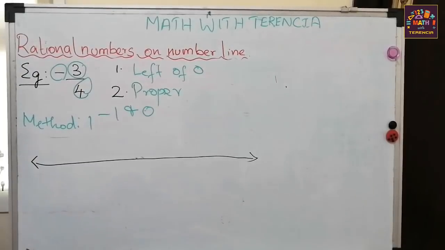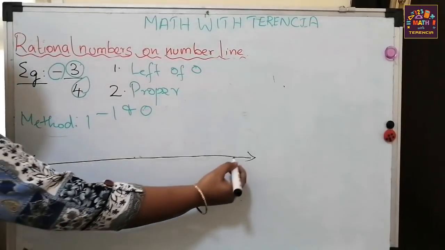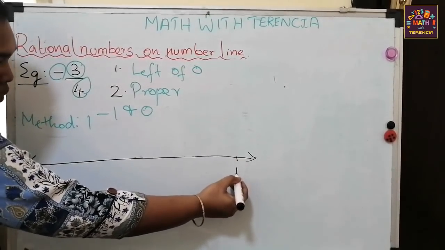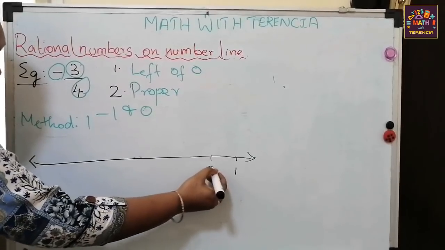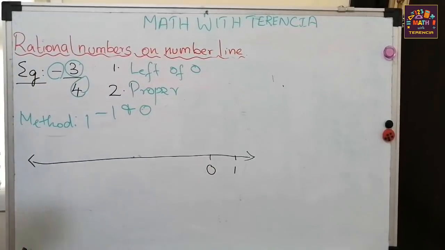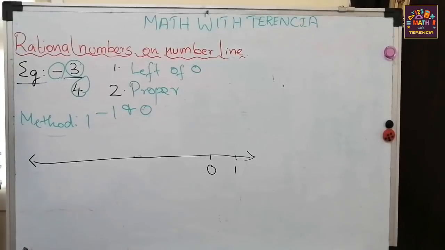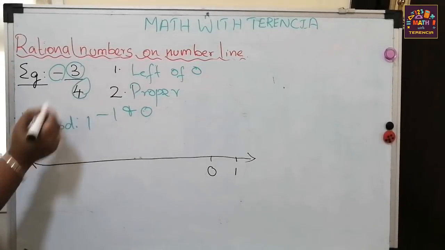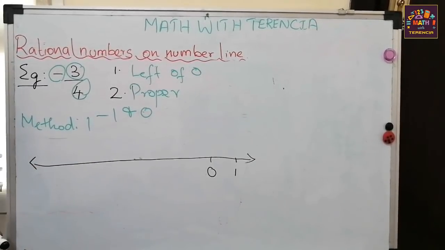Here I have only negative number, so I can have only one positive number and then I can start at 0 because I don't want to make my number line bigger. And check the denominator. The denominator is 4.